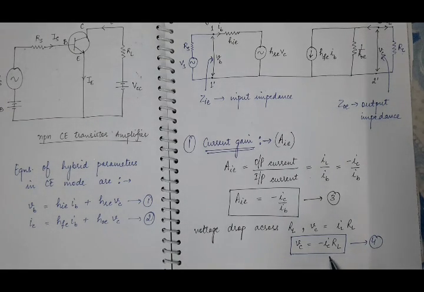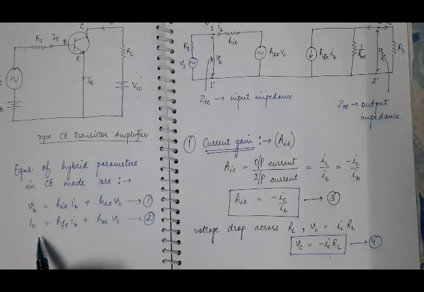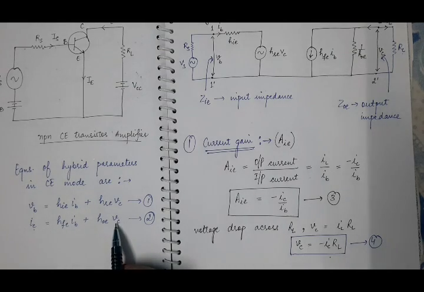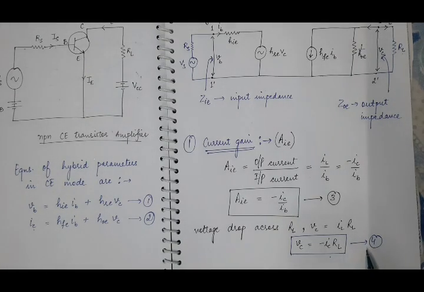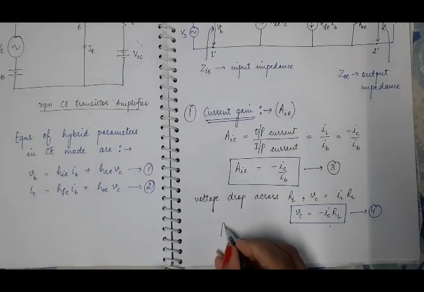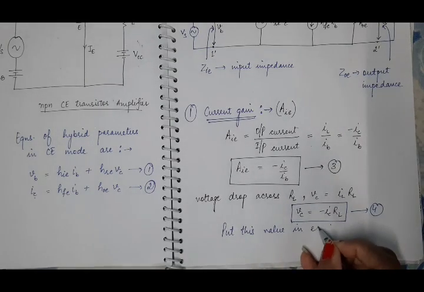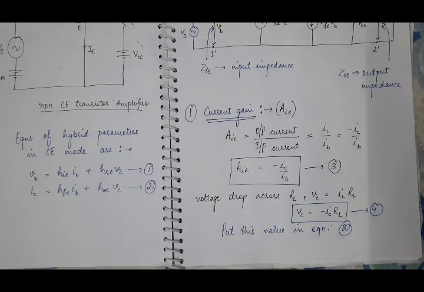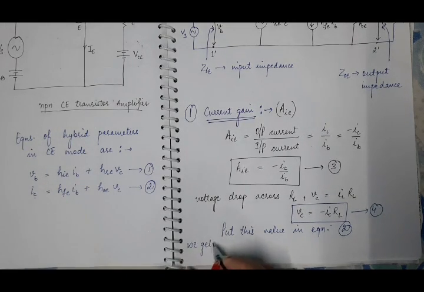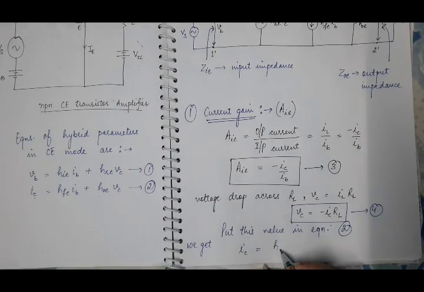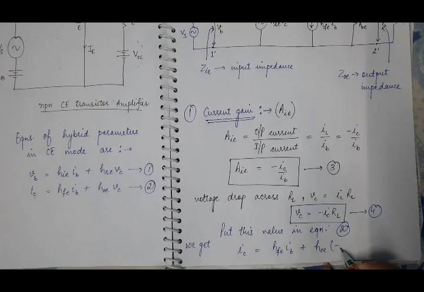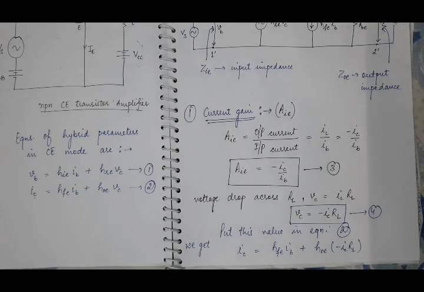Now put this value of VC in hybrid equation 2 of collector current IC. Put the value of VC equal to minus IC RL from equation 4 in equation number 2, and we get IC equal to HFE IB plus HOE into minus IC RL.